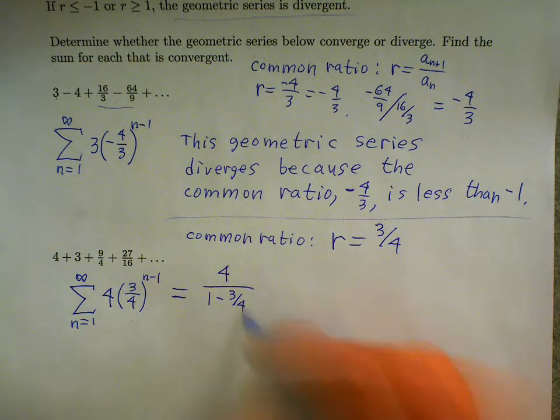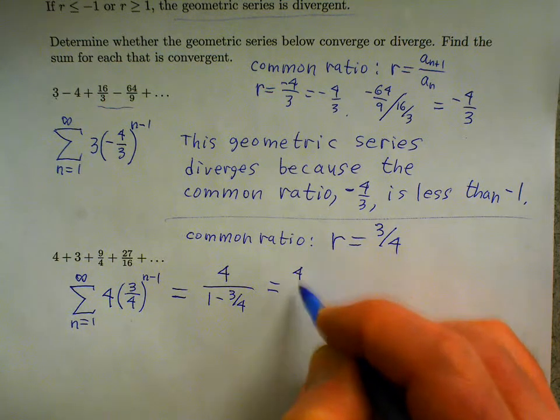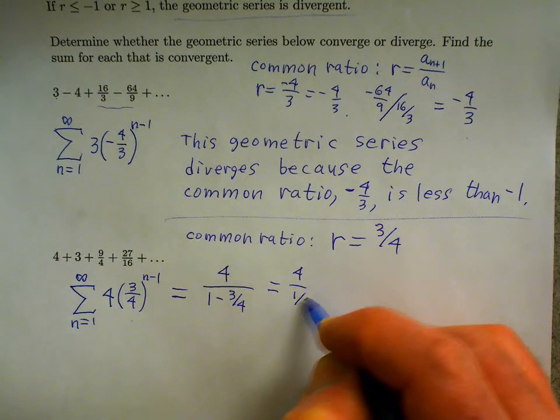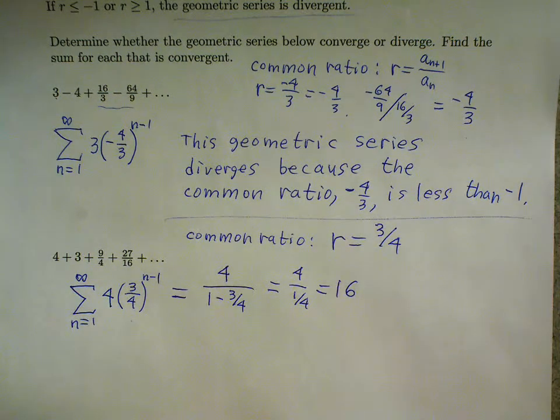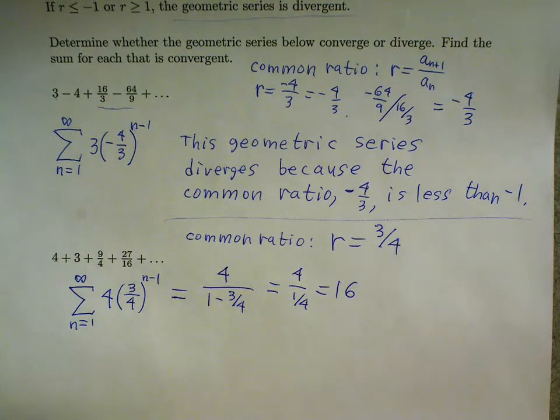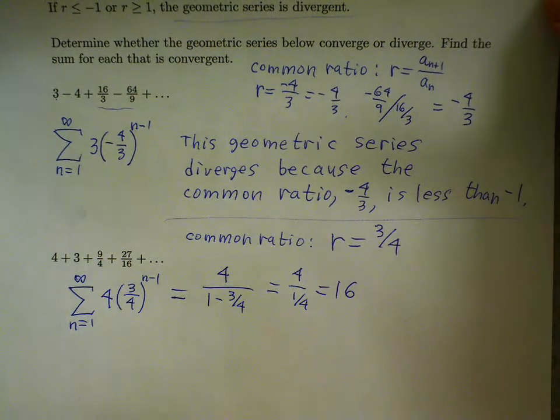So 1 minus 3/4 in the denominator. So we get 4 divided by 1/4, or 16. All right, let's move on to the next page.